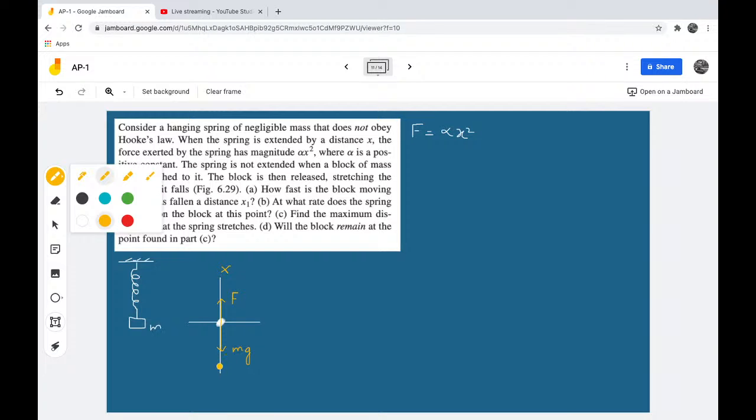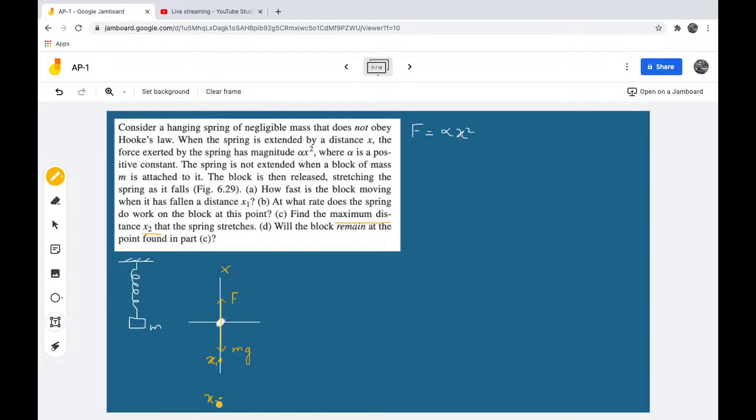If I take this as this point, I may take it as x1, and it has to go to some point x2, the maximum distance. So I may take it further down some point on the x-axis as my x2.